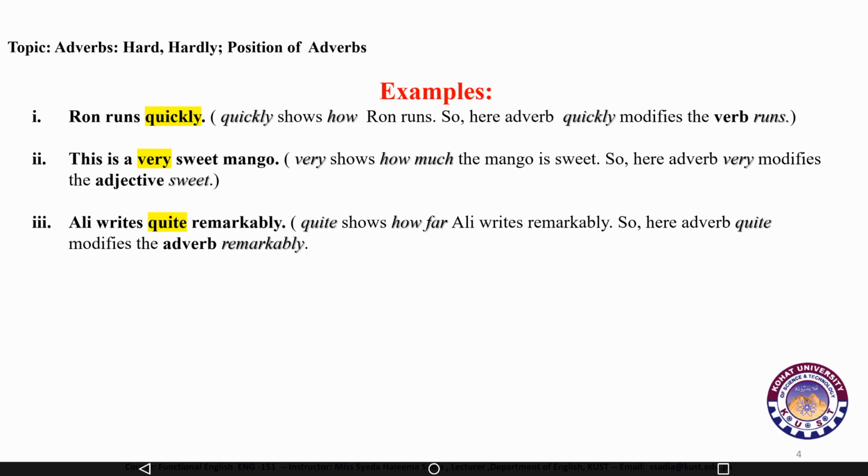Moving on to the third: Ali writes quite remarkably. There is a word written here, which is remarkably.